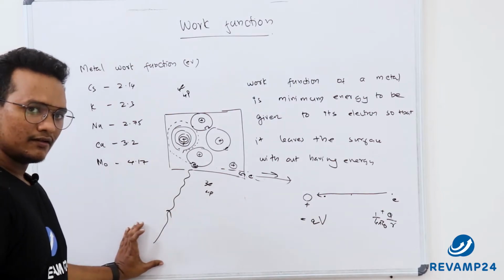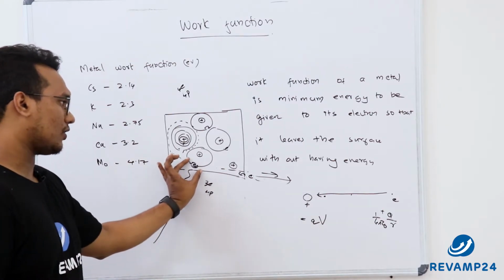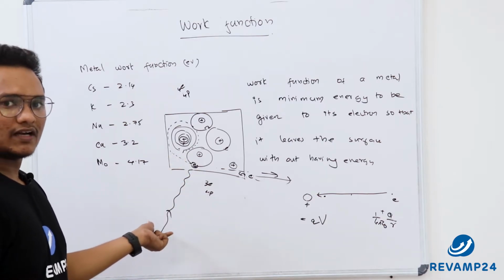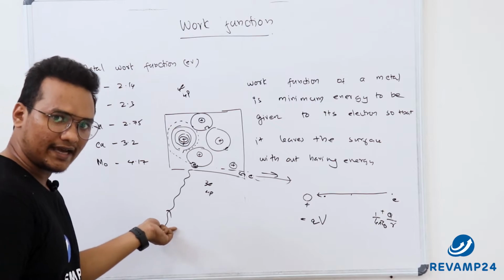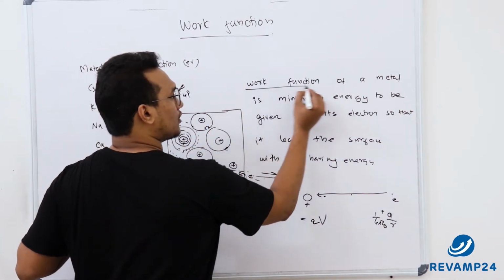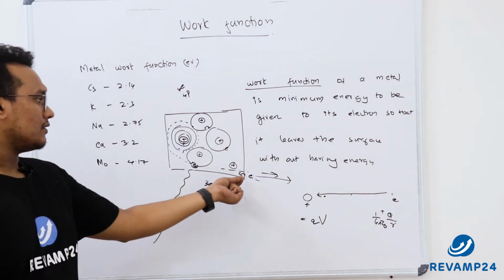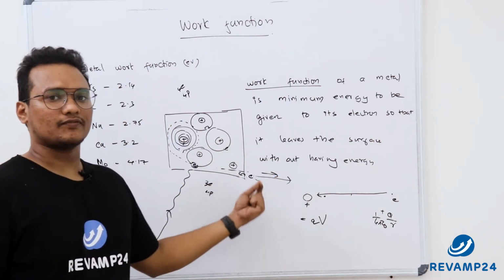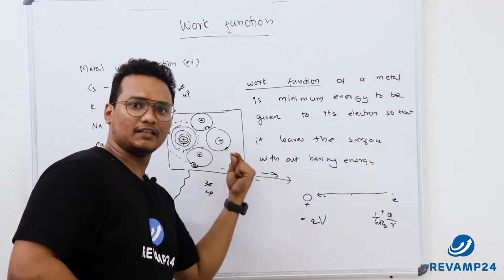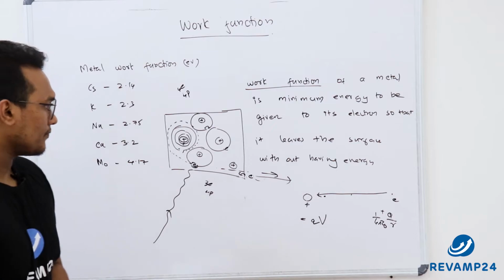Light will give electrons a very high amount of energy, because light is carrying energy. When light carries a particular amount of energy, that is called work function. Not all radiation can make this possible. This is called photoelectric emission. I will explain it, but as of now it is electron emission. Electron is emitted from a metal surface.